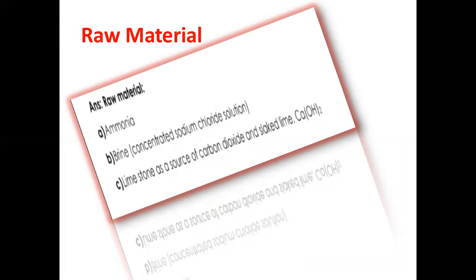Calcium carbonate, CaCO3, is called limestone. Limestone is used because after heating, and then reaction with water, it will give us carbon dioxide gas and slaked lime, that is calcium hydroxide. So for the calcium hydroxide and carbon dioxide, we use one raw material, that is limestone, also called calcium carbonate.